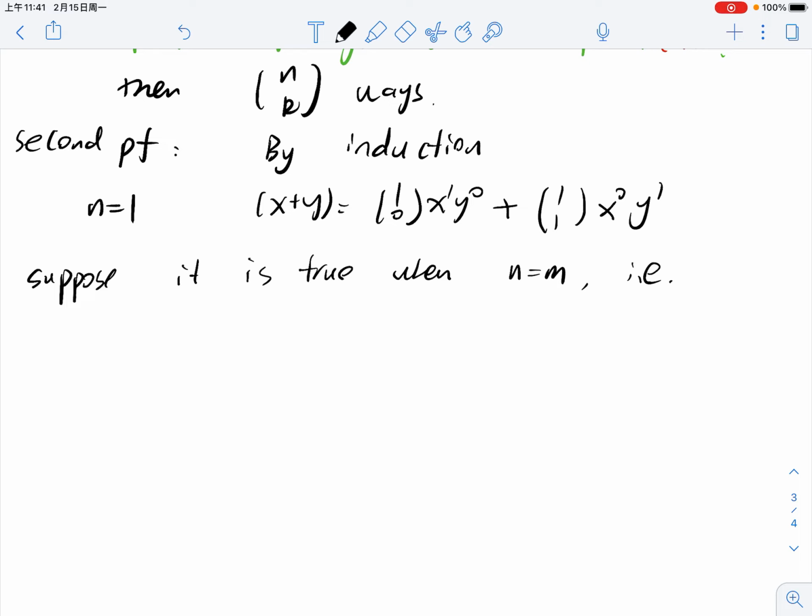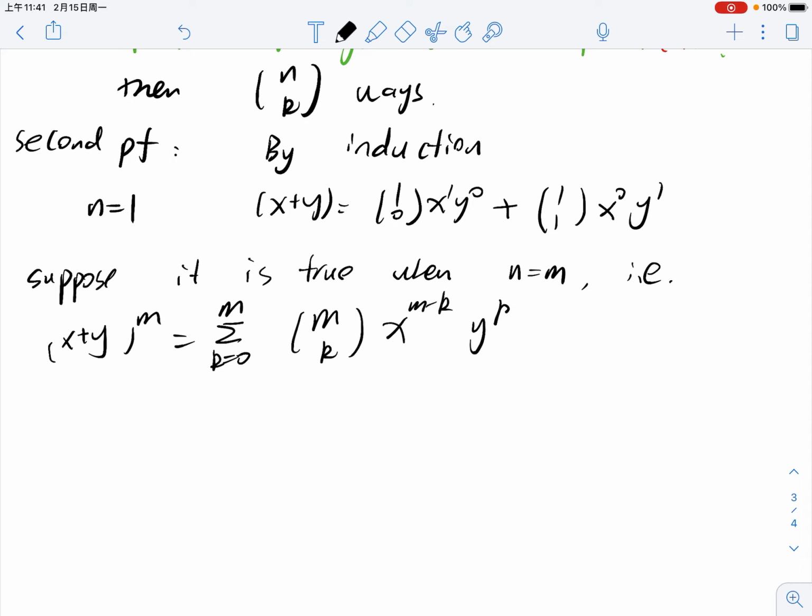That is, (x plus y) to the m's power equals the summation for k from 0 to m of m choose k times x^(m-k) y to the k's power.